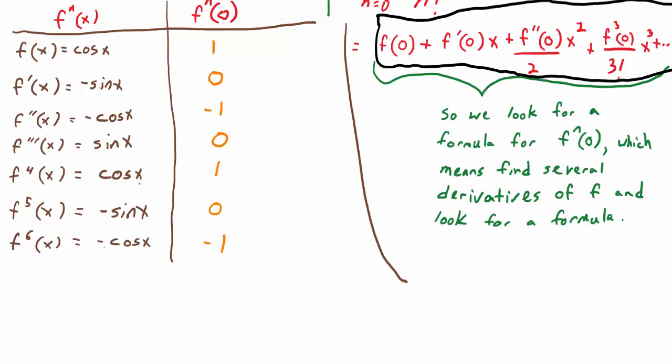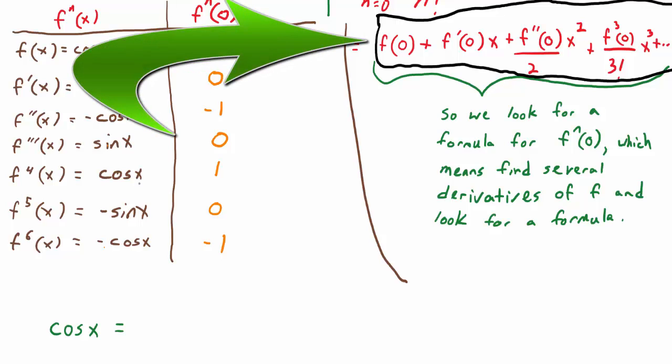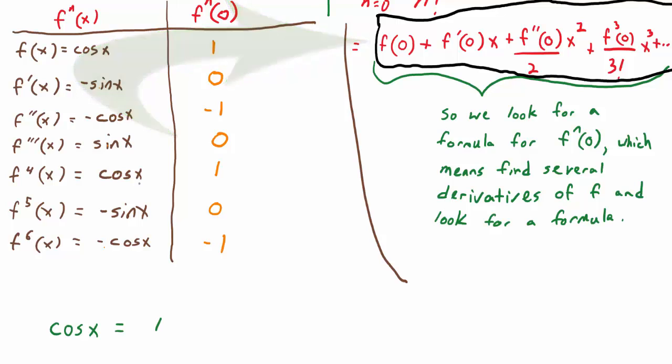So assuming this power series exists, we could say what? If you write it out in longhand, the cosine of x is equal to f of 0, which is, so I'm filling this in, you guys, f of 0, 1, right? f prime of 0 times x, 0.